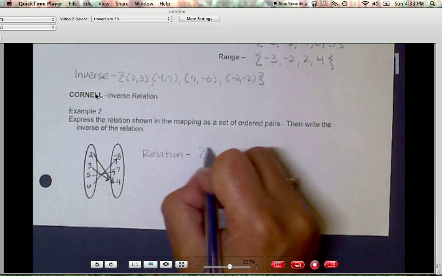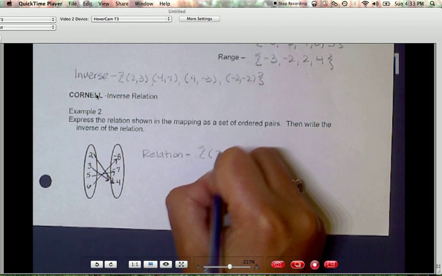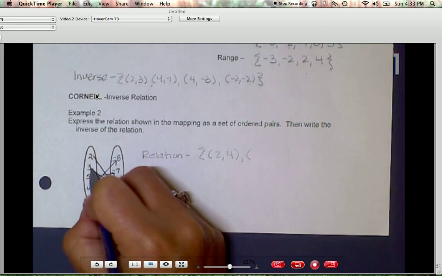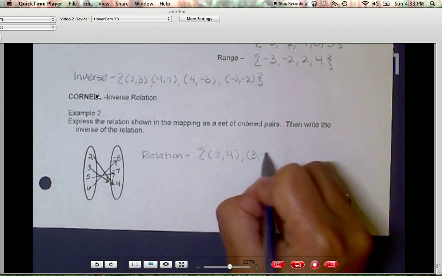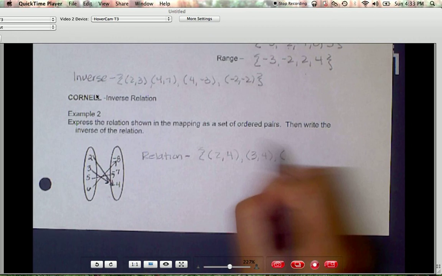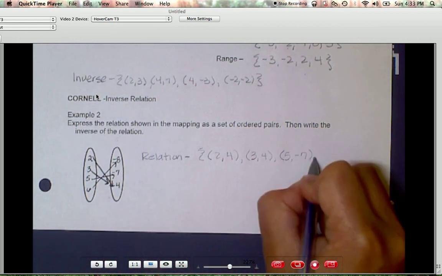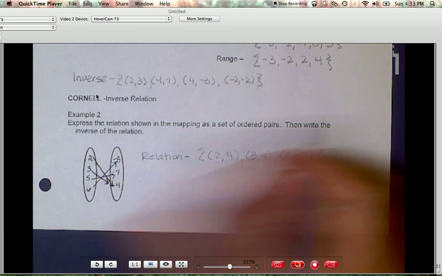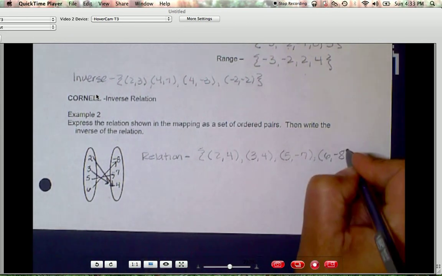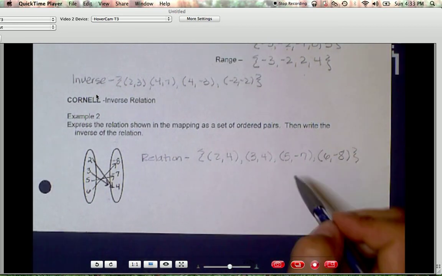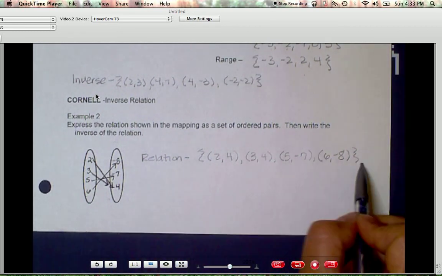So the top arrow would be, the order does not matter, 2 goes down here to 4. 3 also goes down to 4. 5 goes over to -7. And 6 goes up to -8. So this is your relation.